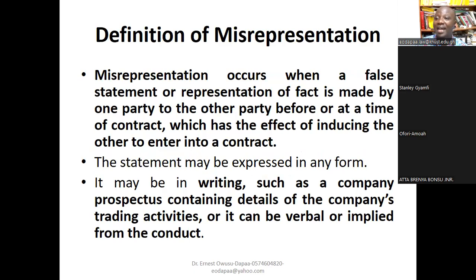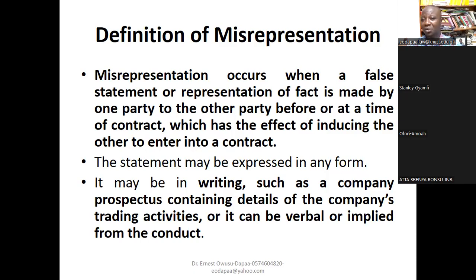Good. Having noted that, the question is, what is misrepresentation? Misrepresentation occurs when a false statement or representation of facts is made by one party to the other party before or at the time of contract, which has the effect of inducing the other party to enter into a contract.